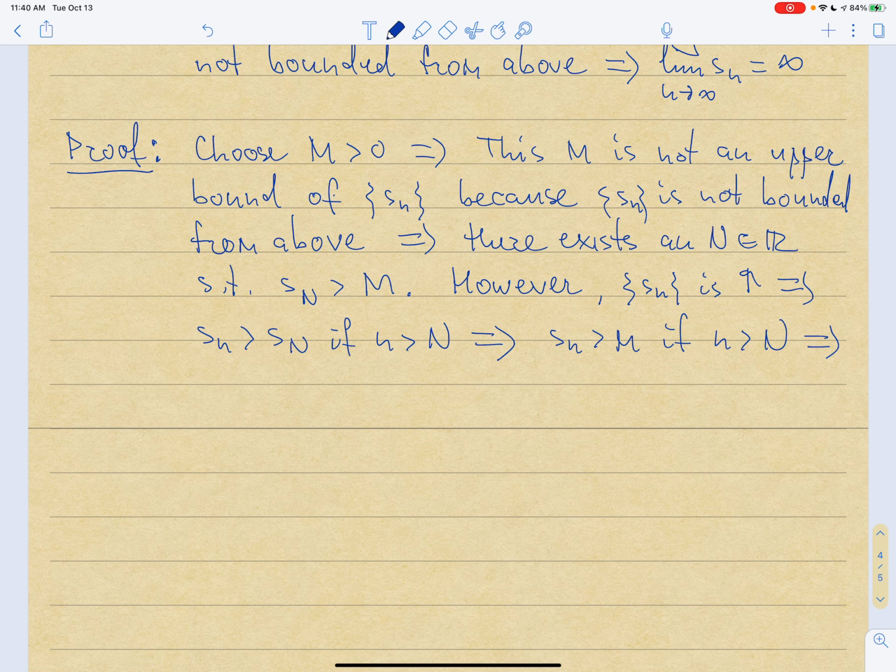That means that we satisfy the definition of the infinite limit. So therefore the limit as n goes to infinity of Sn is infinity, and that's what we wanted to show.